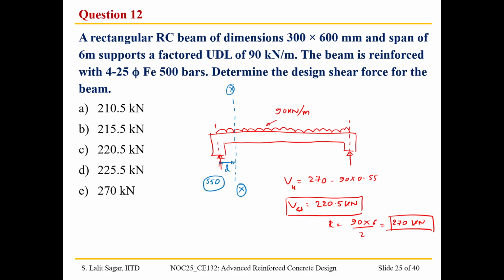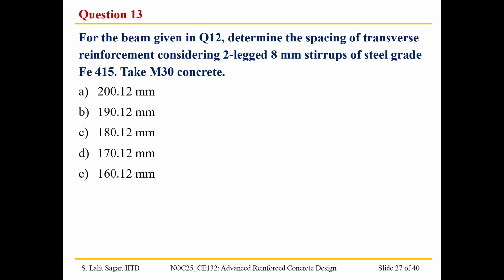220.5. Yeah, thank you for the response. If we consider this XX plane as the critical section, which is at a distance d from the central point, the correct answer is 220.5 kilonewton.